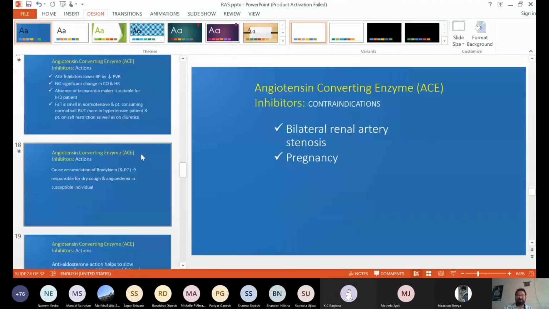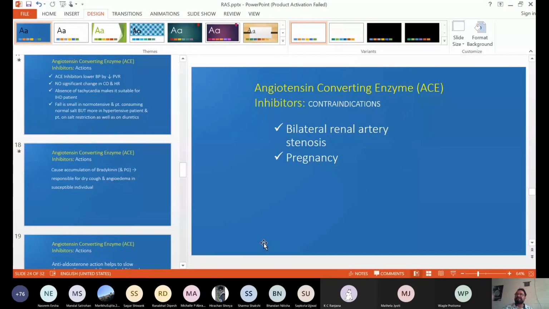Sir, is the dry cough because bradykinin is formed or because it is inhibited? It is formed. Bradykinin is not inhibited. If bradykinin were inhibited, there would be no cough, because bradykinin is the inflammatory mediator. What happens is that bradykinin doesn't get a chance to be degraded.